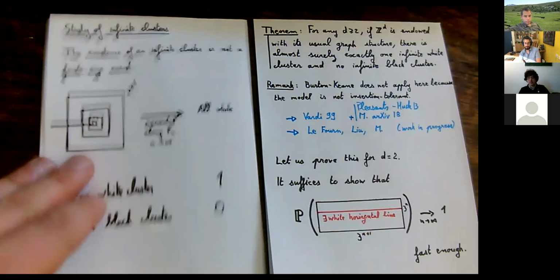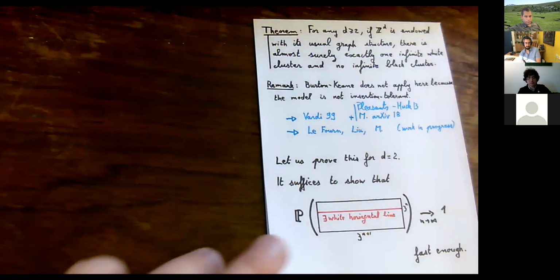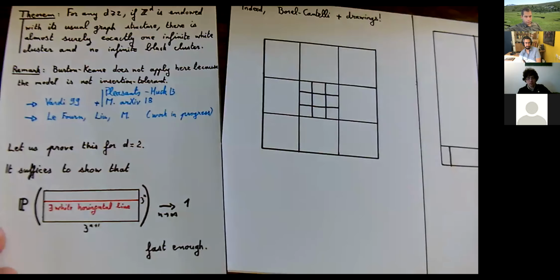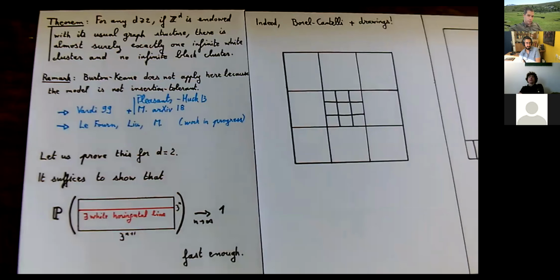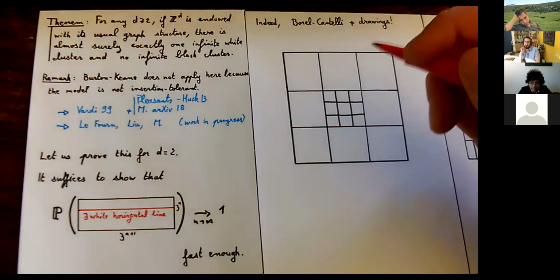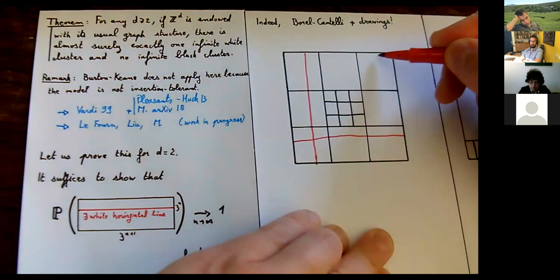So why does it suffice? Well, because of the Borel-Cantelli lemma on some drawings. Indeed, by the Borel-Cantelli lemma, I will know that all the following events occur up to finitely many of them. And then I can get white lines like this.